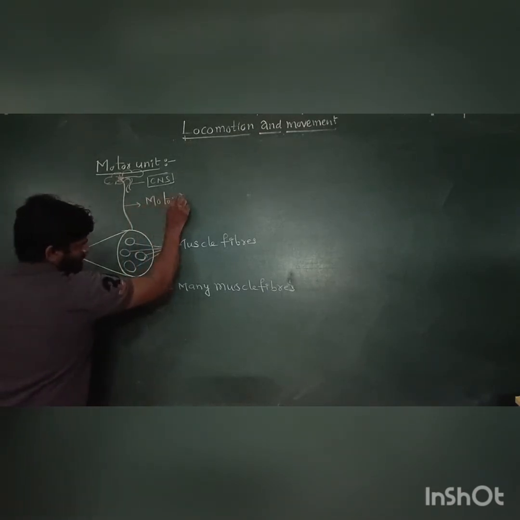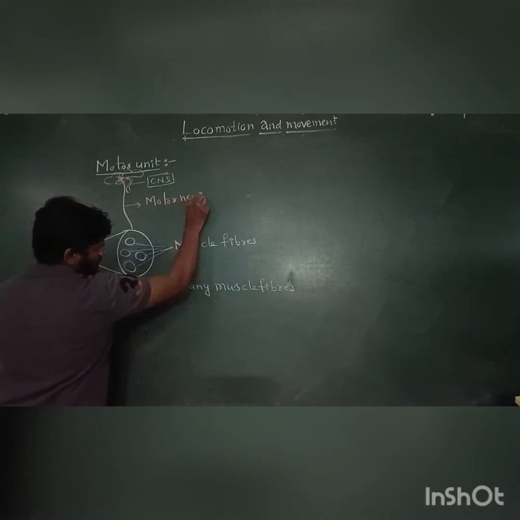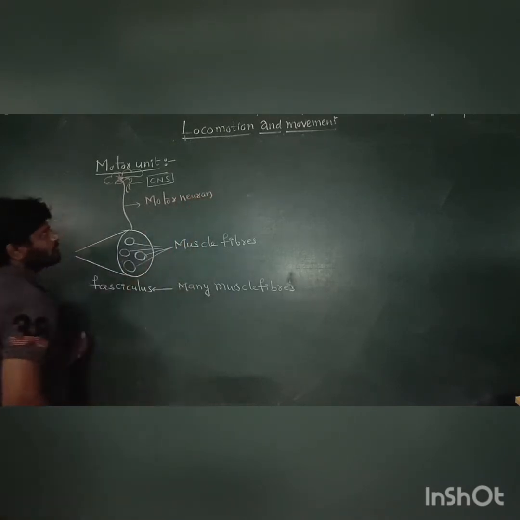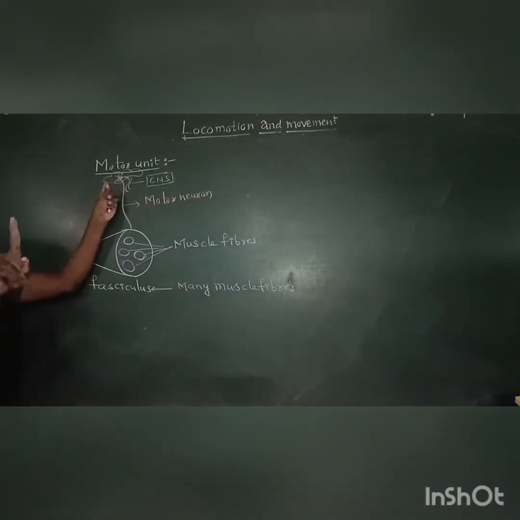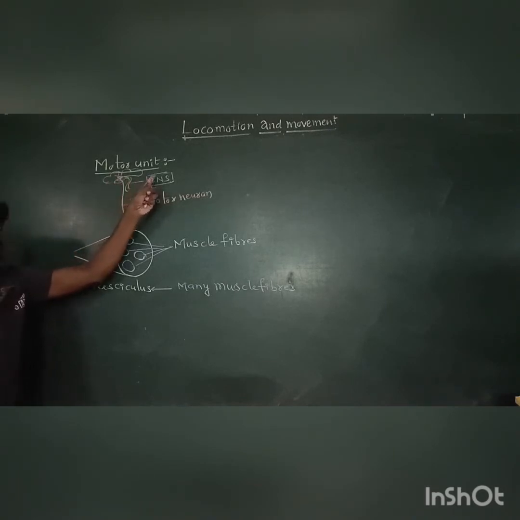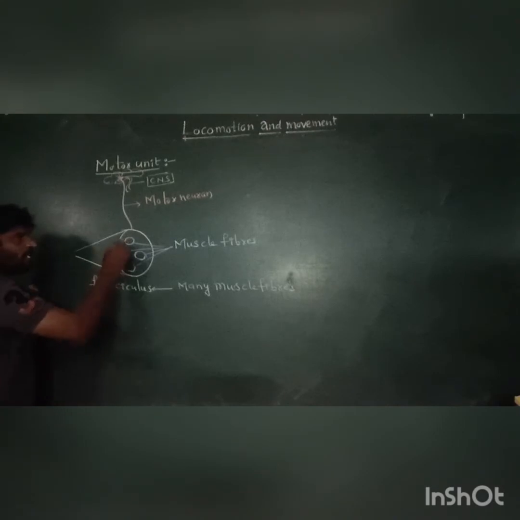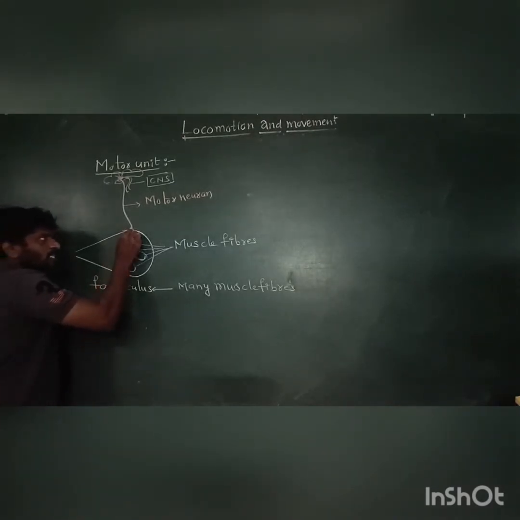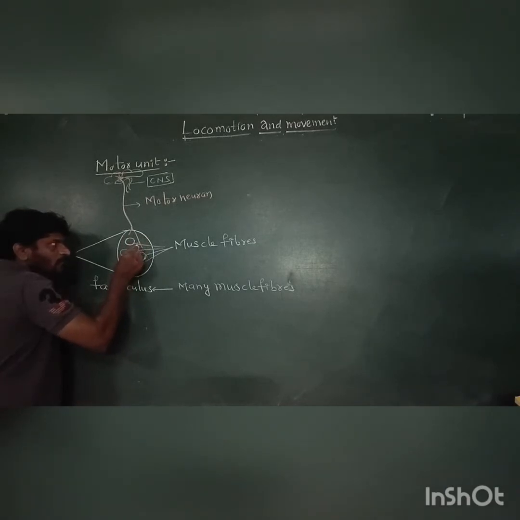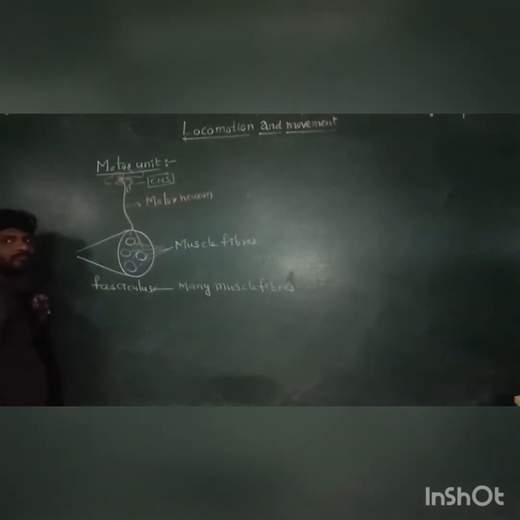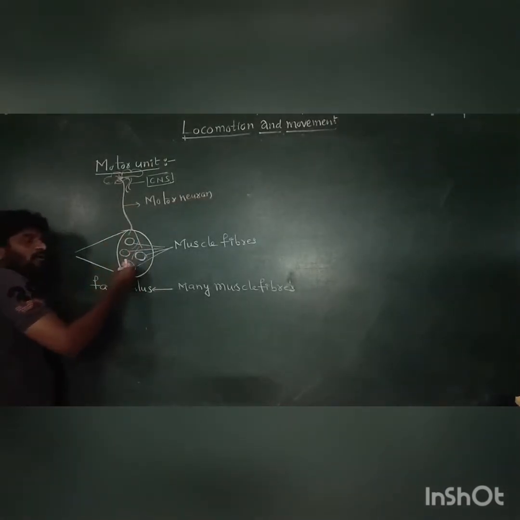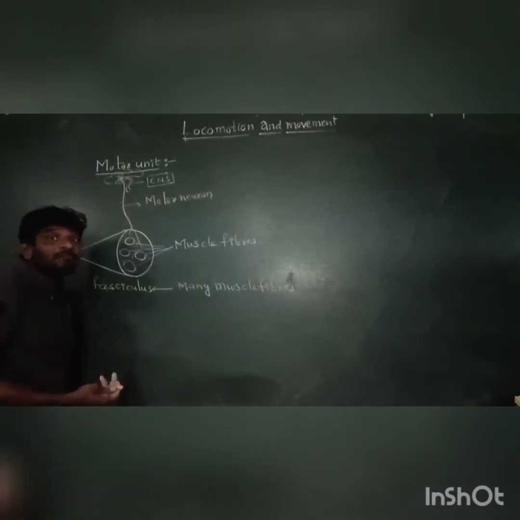And this gap between the nerve ending and the sarcolemma is the neuromuscular junction. The neuromuscular junction is also called the motor end plate.